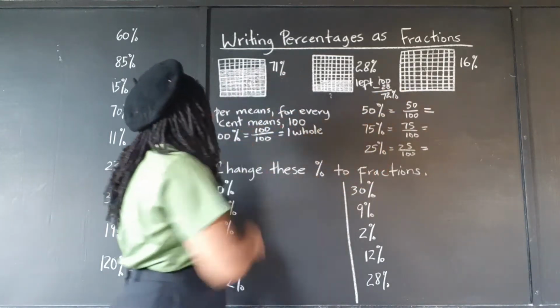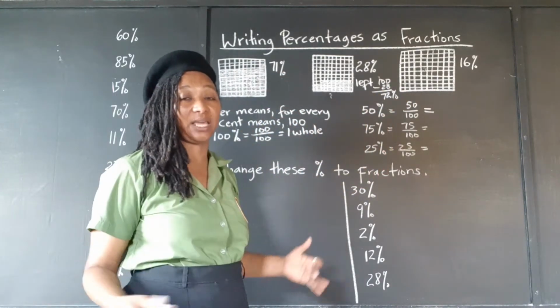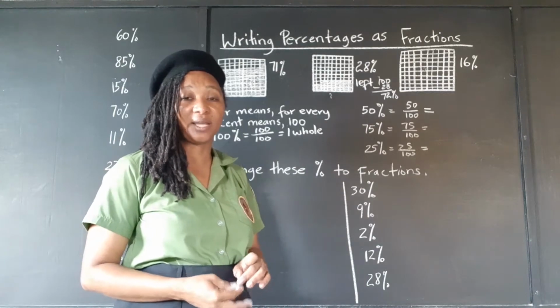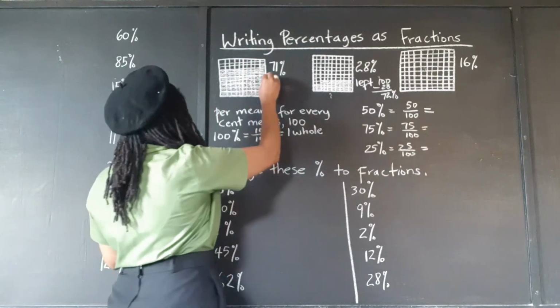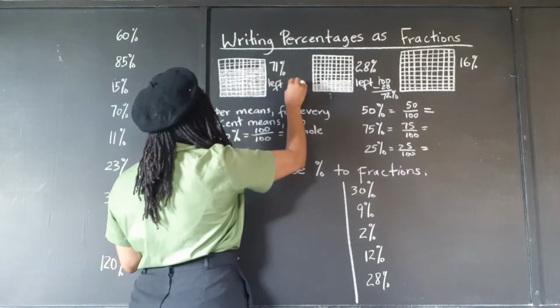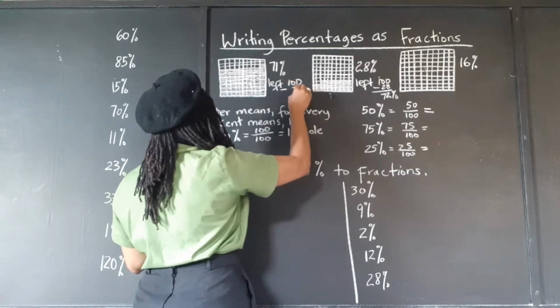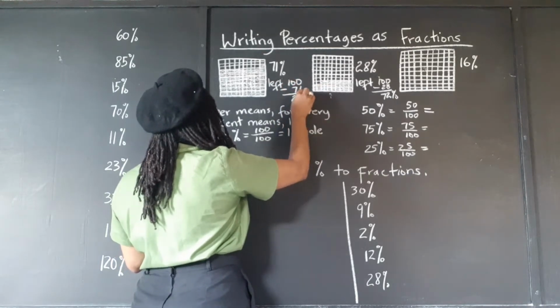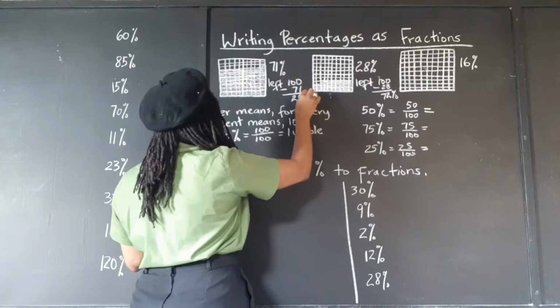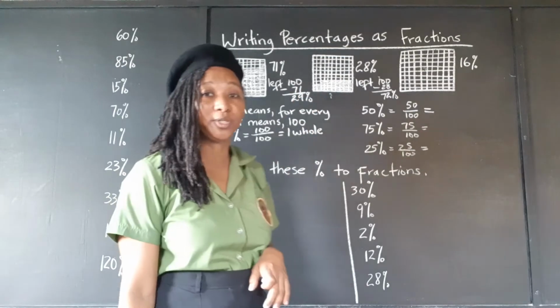And if you were to remove 71% from anything, what percent of that thing would be left? That would be 100%, take out the 71, and I believe that would give you 29% left. Okay, double check it for me.